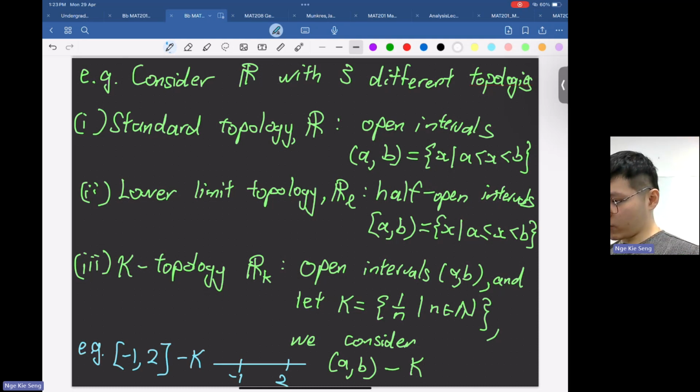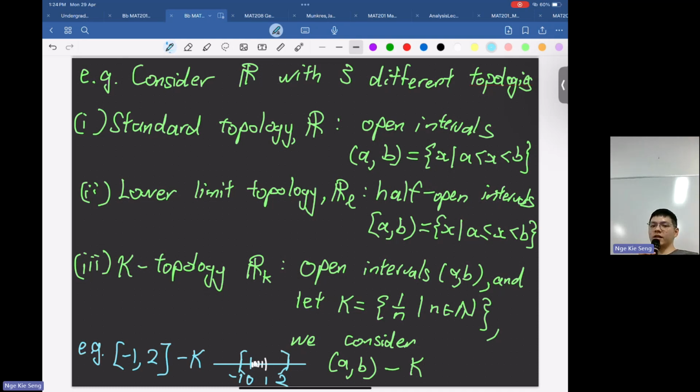Let's start from 1. You're making a hole around 1, and then like this, converging to 0. So you are making infinitely many holes inside an interval.